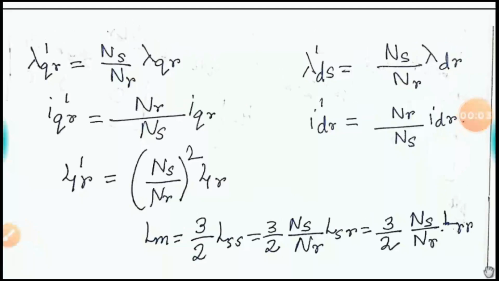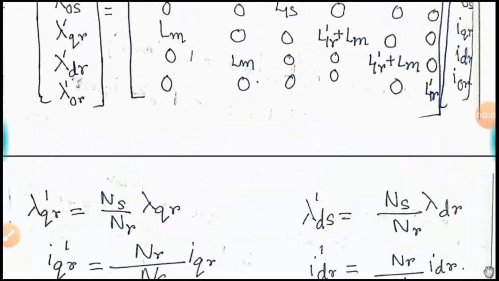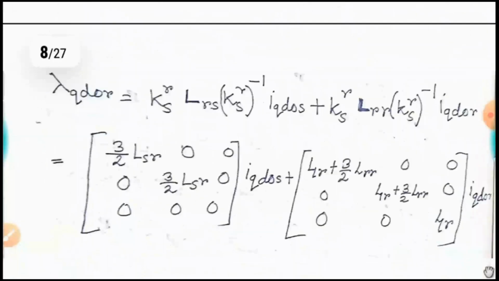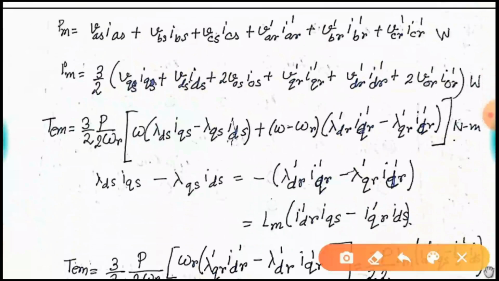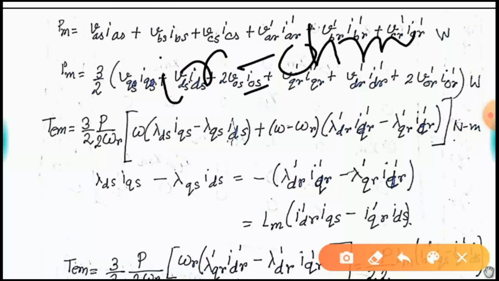Another thing that is very interesting to note: if we consider this power equation, you'll see that we have three terms. One is due to I squared R, meaning all the ohmic terms. Another term is p lambda i, the power due to induced voltage.